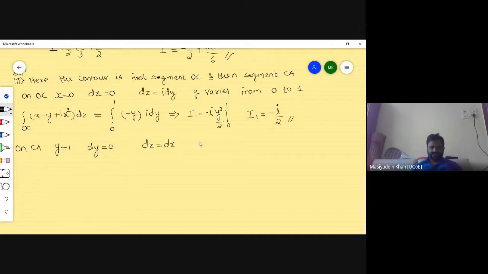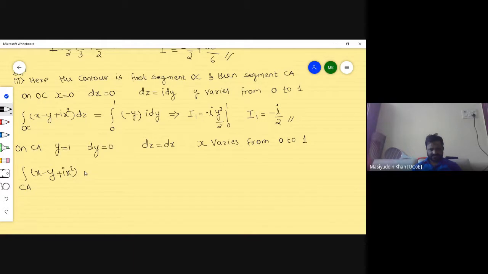So here x varies from 0 to 1. So again the same integration, that is CA, x minus y plus I x square into dz.